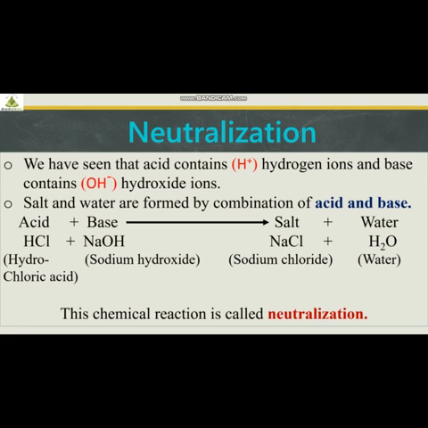Please remember always, neutralization reaction means acid plus base gives you salt and water. You always have to remember this statement, and then with the help of examples, let us understand in more detail. That is, hydrochloric acid plus sodium hydroxide gives you sodium chloride plus water. And this complete chemical reaction is known as neutralization reaction. Understood? So this was the last section of it.